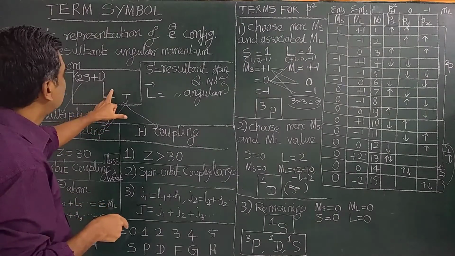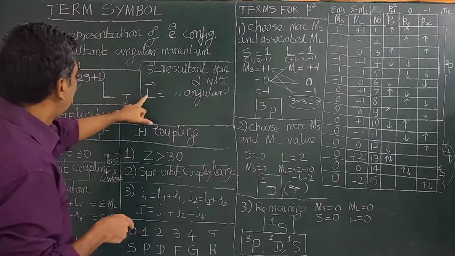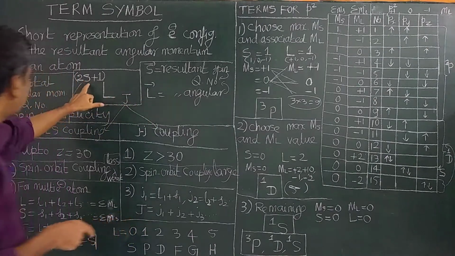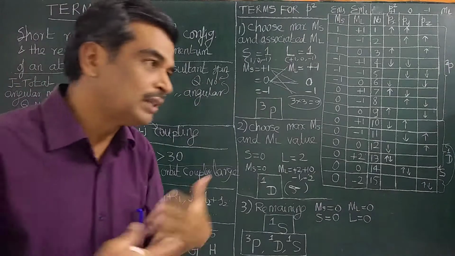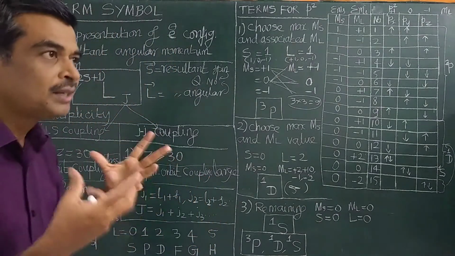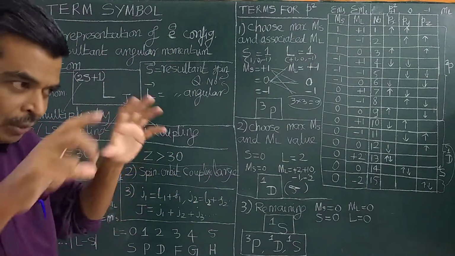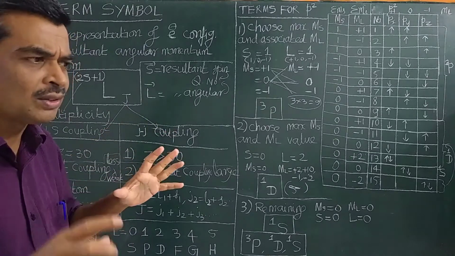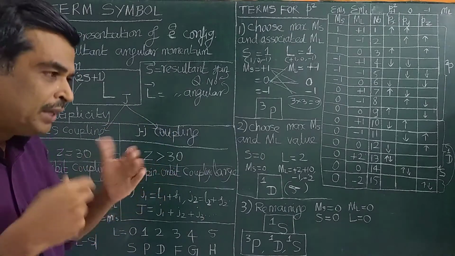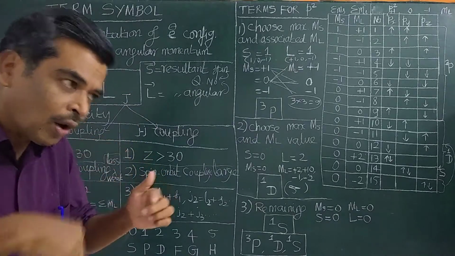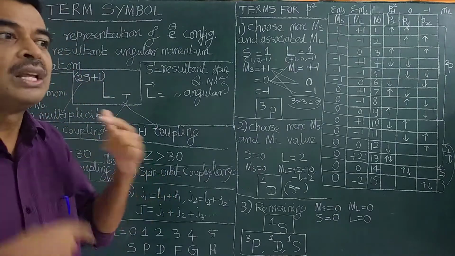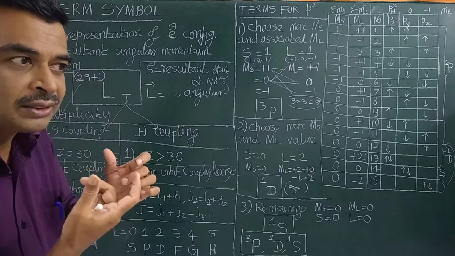Next, S. What is S here? S is the resultant spin quantum number. If you take a multi-electron atom, there are several electrons in it, and each electron moves in an orbital as well as spins about its own axis.